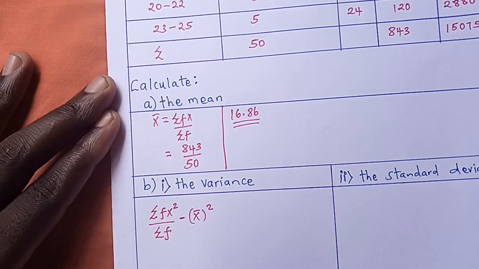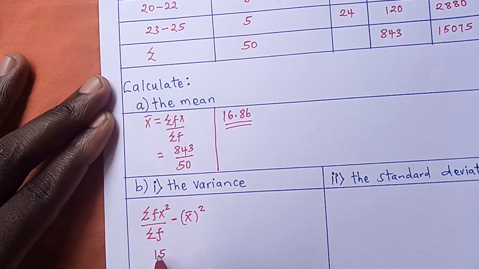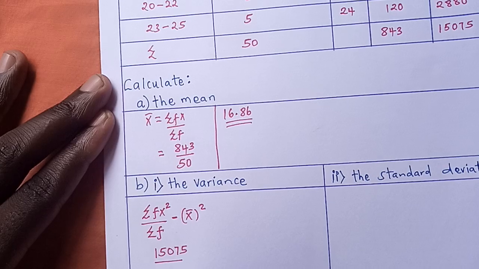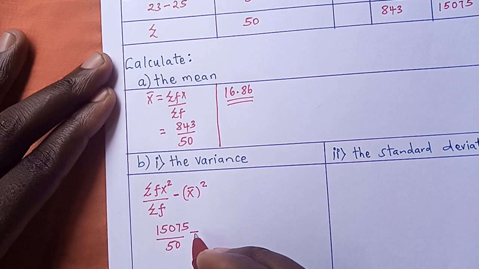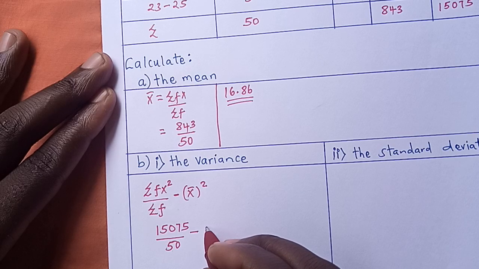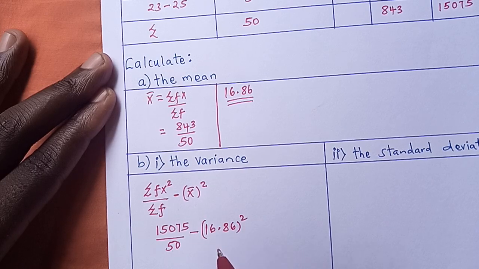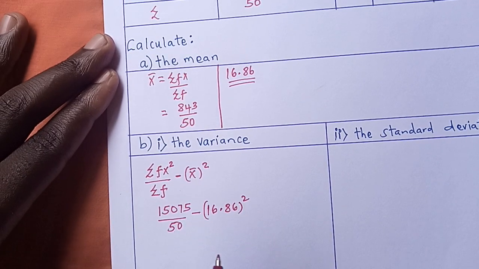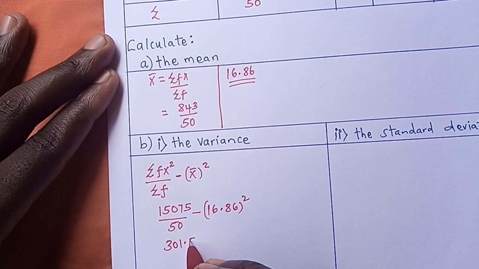We already have the summation of f of x squared as 15,075. We divide by the summation of frequency, which is 50. We subtract the square of the mean, which is 16.86 squared. When you do this, you get 301.5.